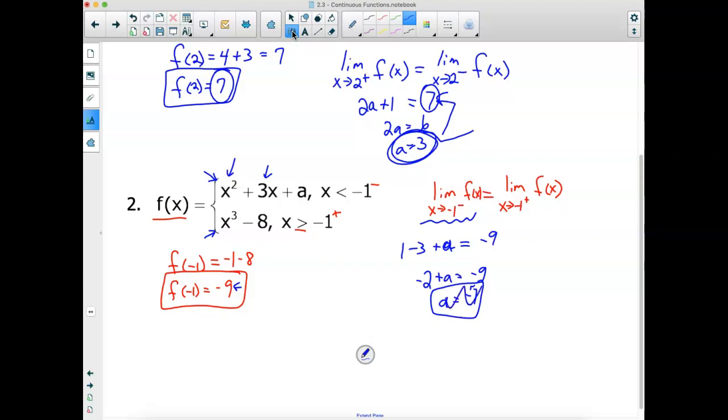That's a bad a. If a equals -7, it would be continuous, but notice that's when I changed it. So if a is -7, it's continuous, and I would be able to graph that piecewise function, and it would connect at that spot.